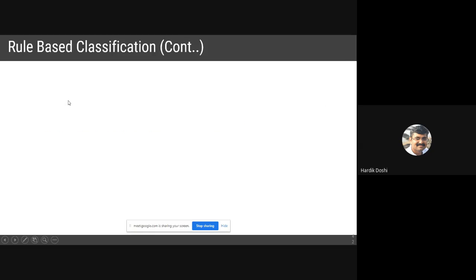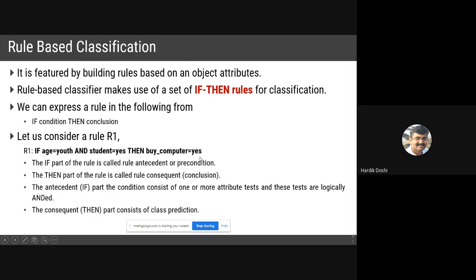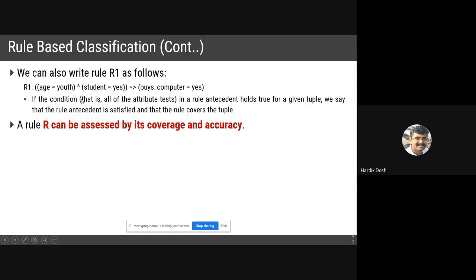This is the English form, written in English-like language, but over here it is written mathematically using some operators. Rule 1: if age equals youth and student equals yes. This is also termed as propositional language. So if age equals youth and student equals yes, which implies buys computer equals yes.